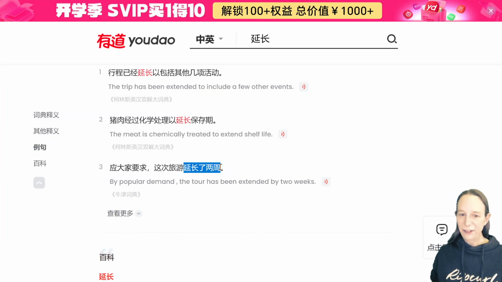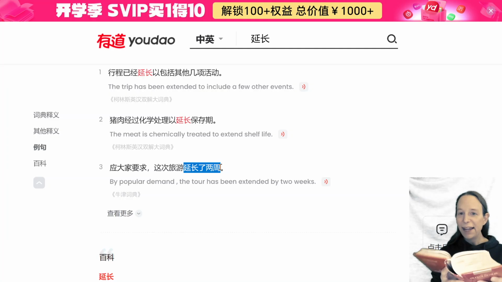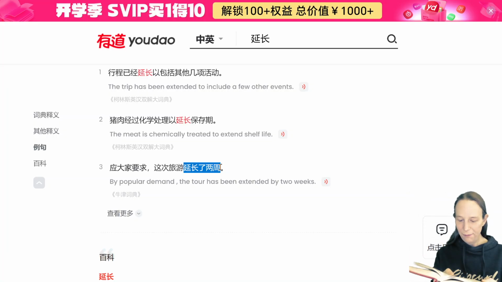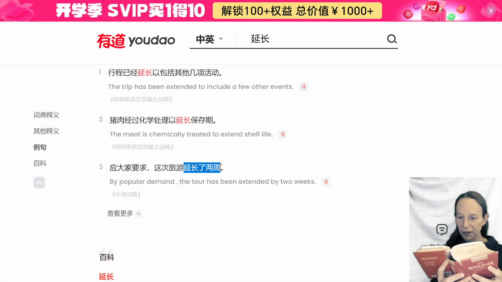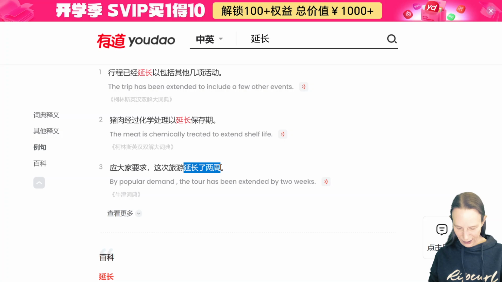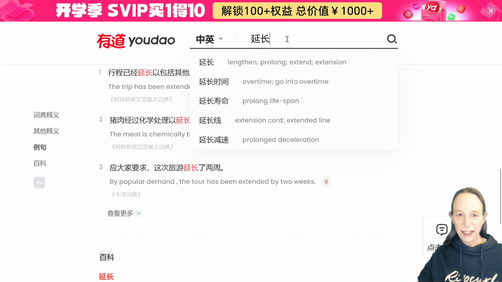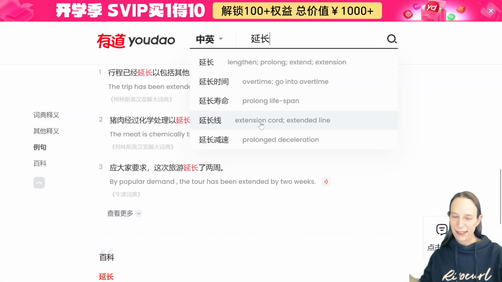What's the dictionary definition? Because maybe it is defined as only with respect to time. 向长的方向发展. Okay. No, hold on. Their example is 延长生命, this one. So lifespan, time. 延长线. Oh, this is distance.